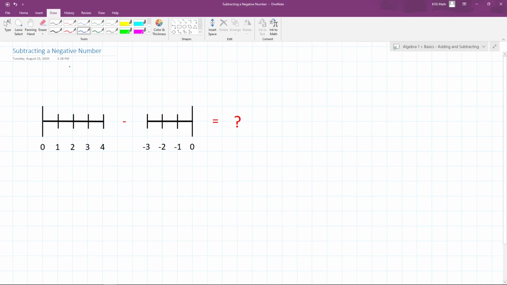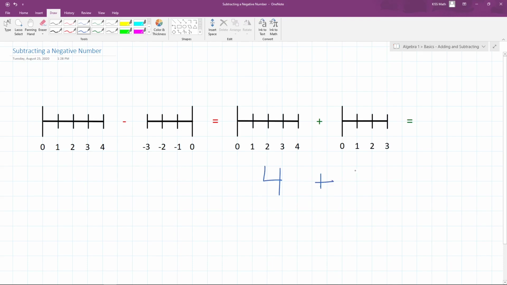If we go back to our number line then, we had 4 minus a minus 3. But we said that subtracting a negative number is the same as just adding that number. So this becomes the same as 4 plus 3, which equals 7.